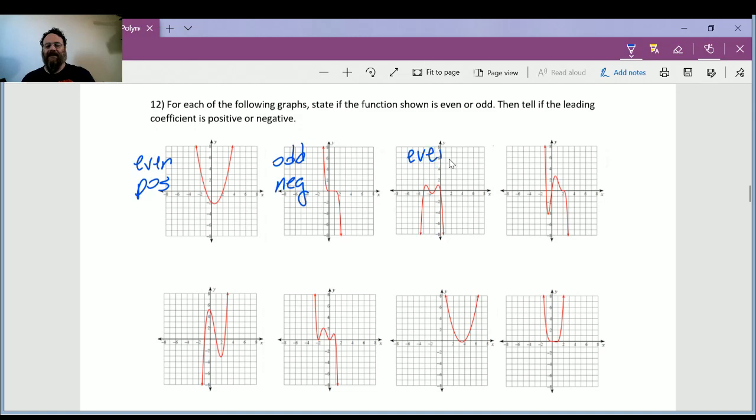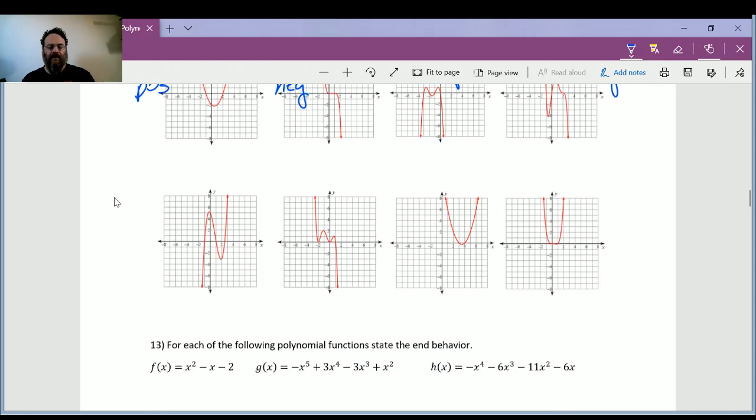This one is even and negative because both arrows are pointing down. This one is odd and negative, since it's pointing up to the left and down to the right. Over here we've got another odd function, but this one is positive. This one is odd and negative.